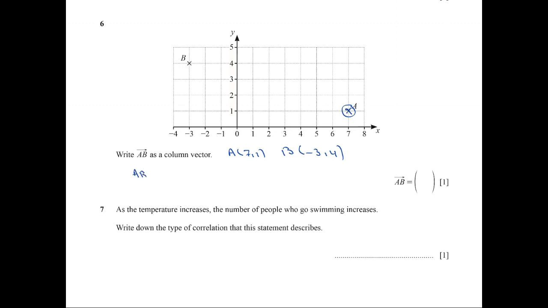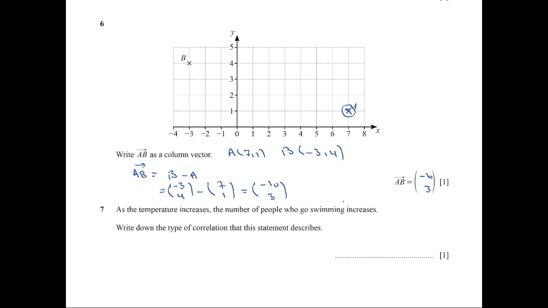We all know the rule that AB is equal to B minus A. B is negative 3, 4 minus A 7 and 1. Negative 3 minus 7 is equal to negative 10. 4 minus 1 is equal to 3. So AB is negative 10, 3.